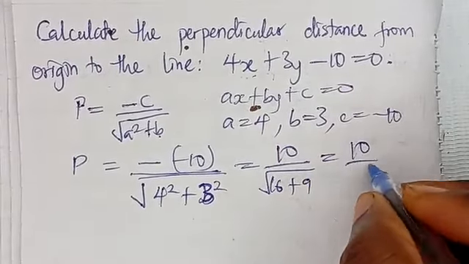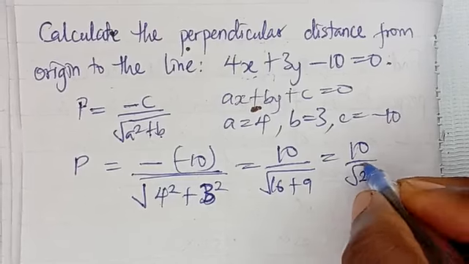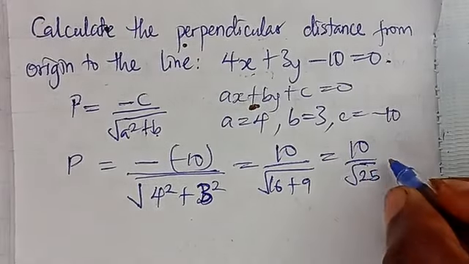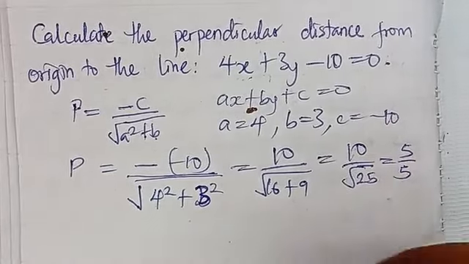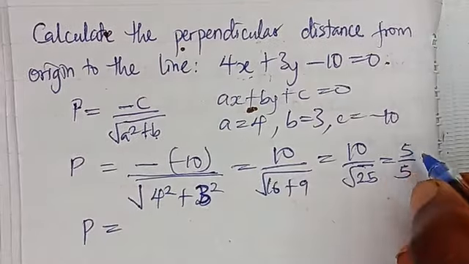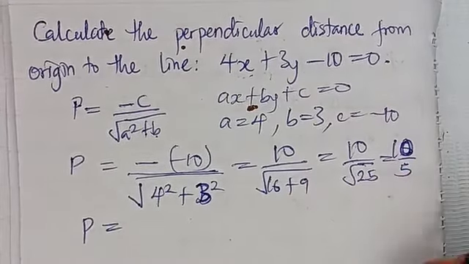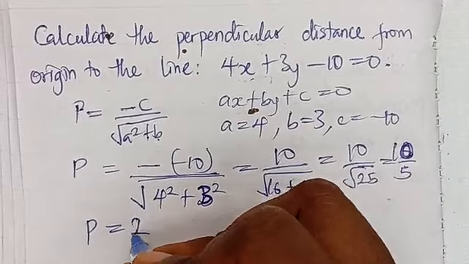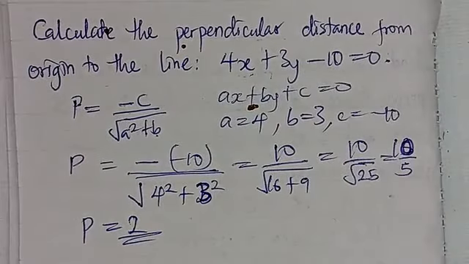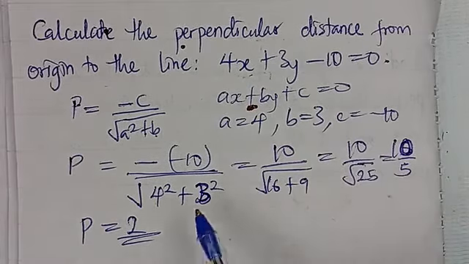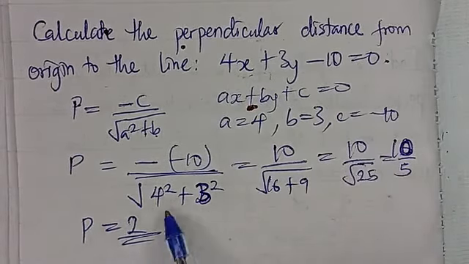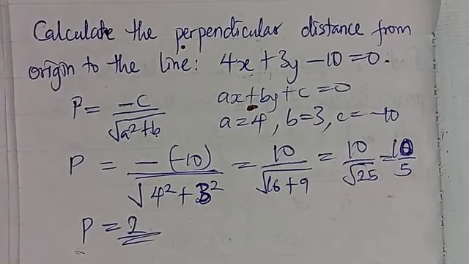This gives us 10 over root 25, because 16 plus 9 is 25. And then the square root of 25 is 5. So we have that 10 divided by 5. So we have that p is equal to 2. So the perpendicular distance between the line that has this equation and the origin is equal to 2.